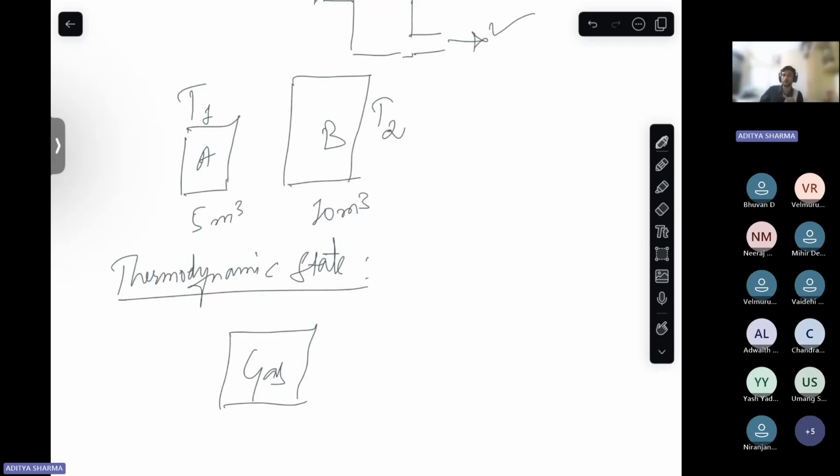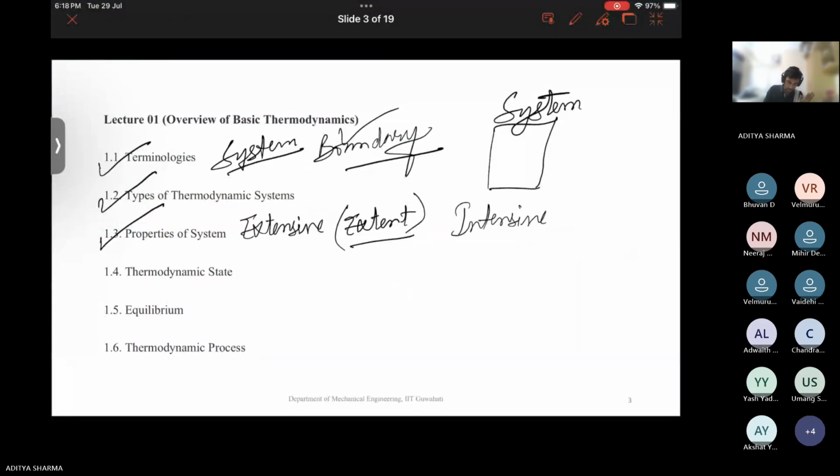So how do we put things in perspective? We define its temperature, we define the pressure, we define the volume or specific volume. By using all these properties, we are putting a system into perspective, right? So that is basically a thermodynamic state at a particular space or time. Based on thermodynamic properties, we define a particular state, right?